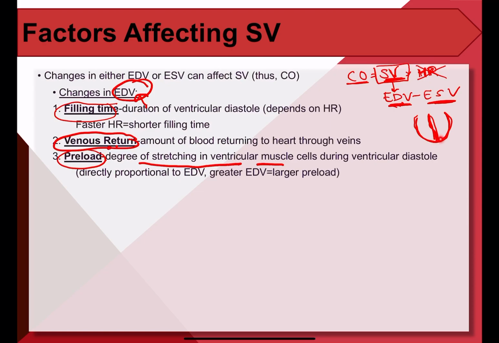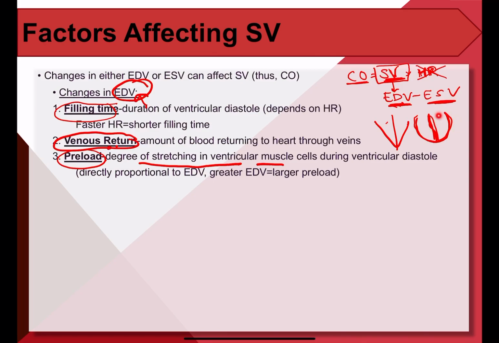Maybe they have lost their elasticity and now they're just kind of straight like this instead. So this versus this is going to affect how much blood can flow into the ventricle.